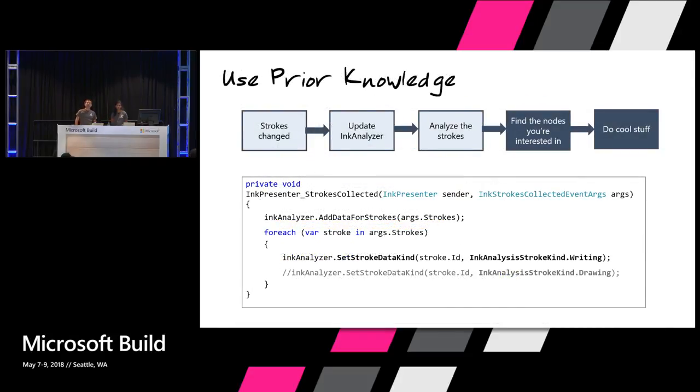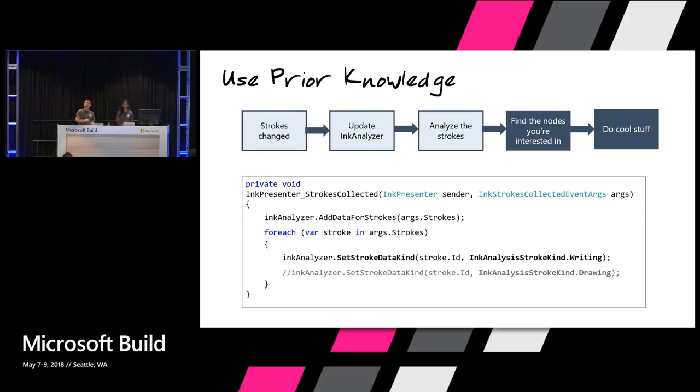The last one I didn't cover in my demo is that if your application has some context, for example, in the embedded inking control I showcased earlier, all the content must be writing. Or in your application you have some mode switch that only allows the user to have shapes as input. You can use this information and set stroke data kind, limiting it to writing or drawing.